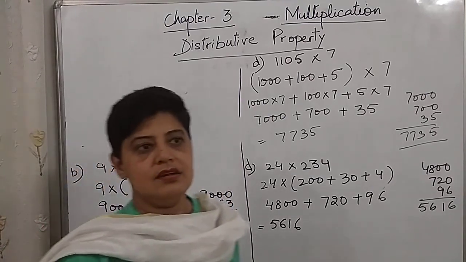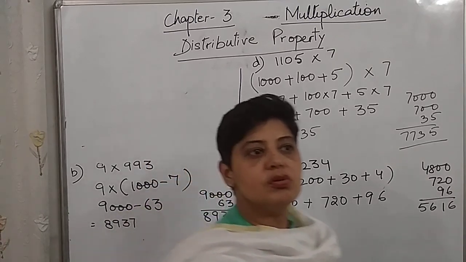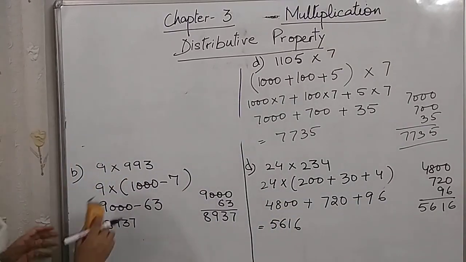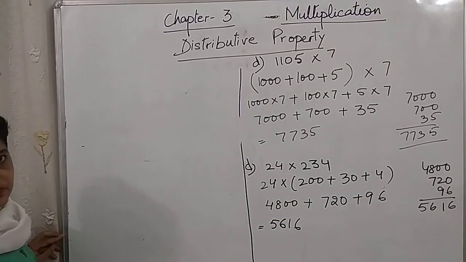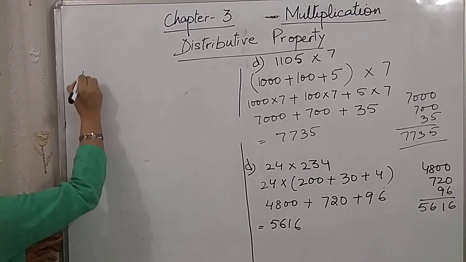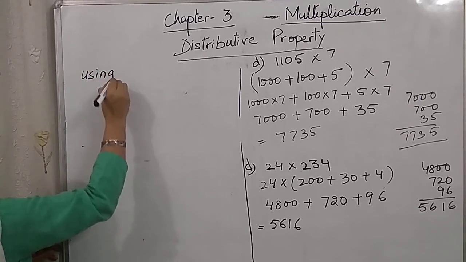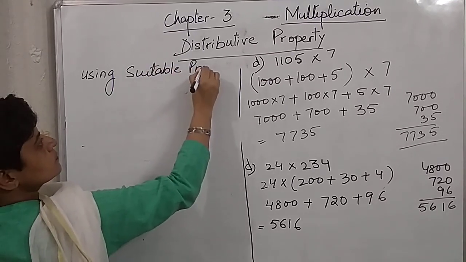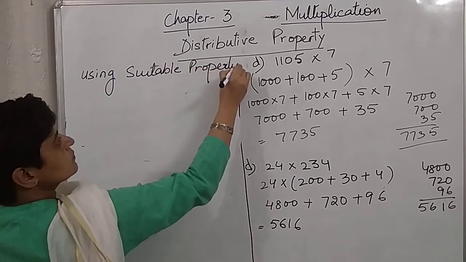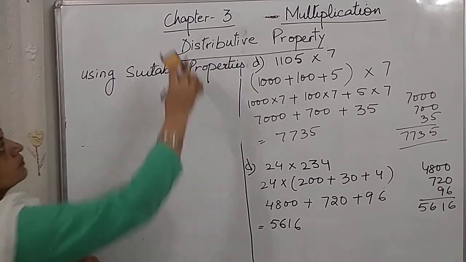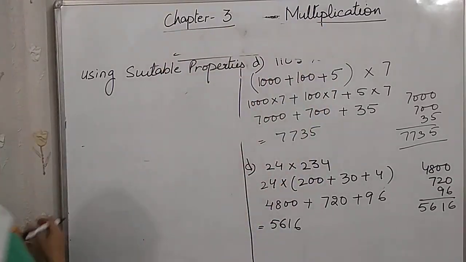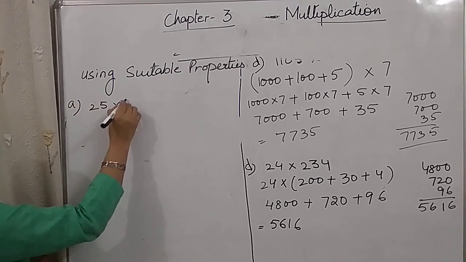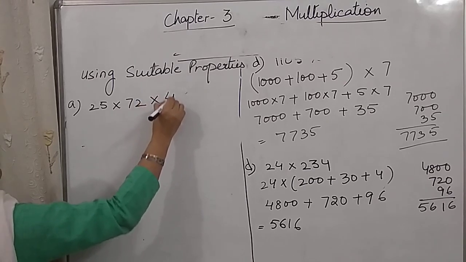Now here we learn to multiply using suitable properties. The first question is 25 multiply by 72 multiply by 40.